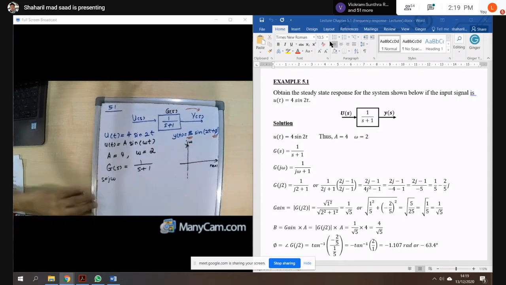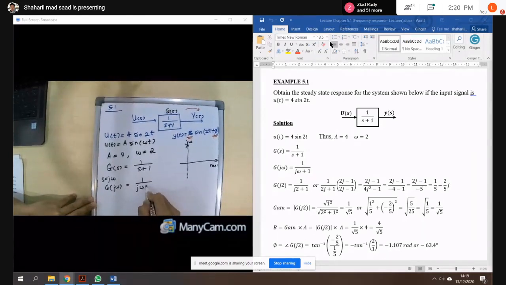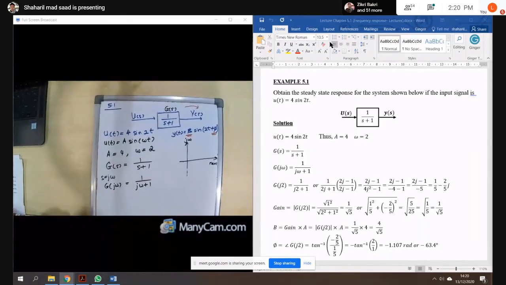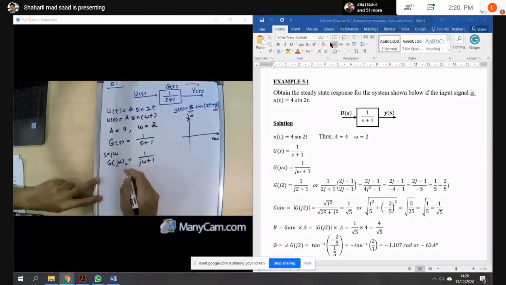Now we put s equal to j omega, so G(j omega) = 1 over j omega plus 1. Because omega equals 2, we have 1 over j2 plus 1.